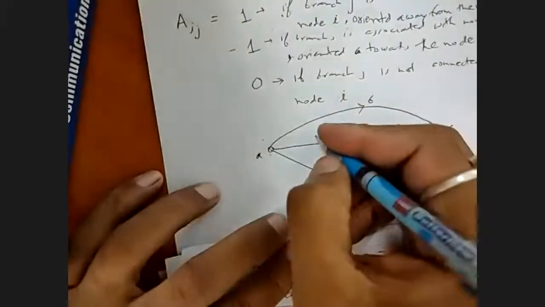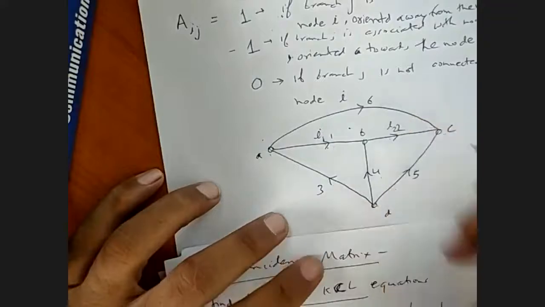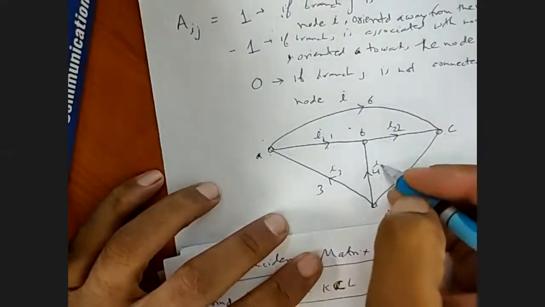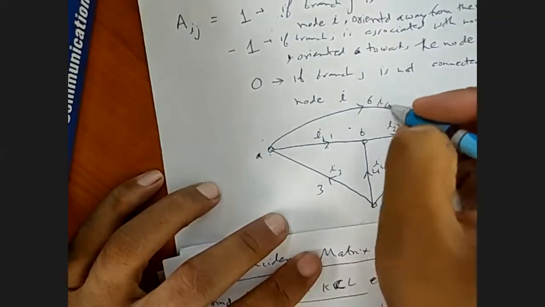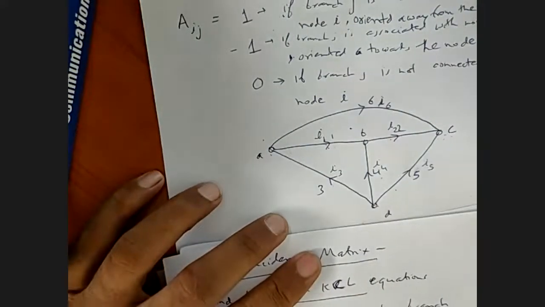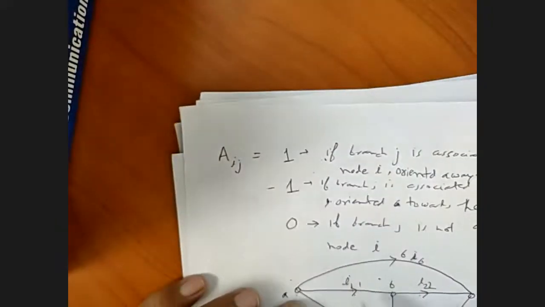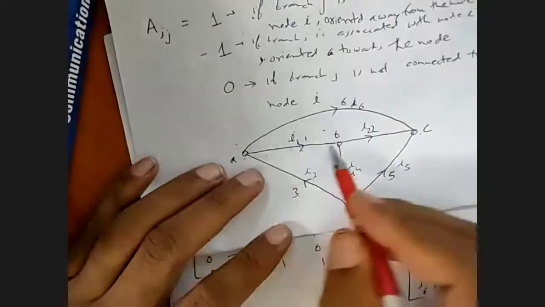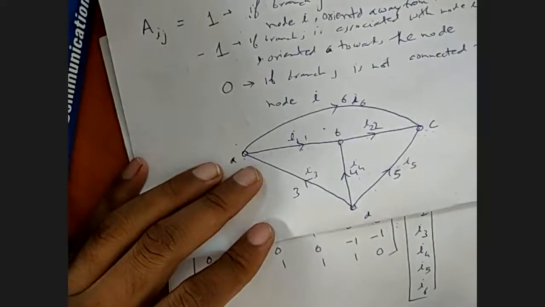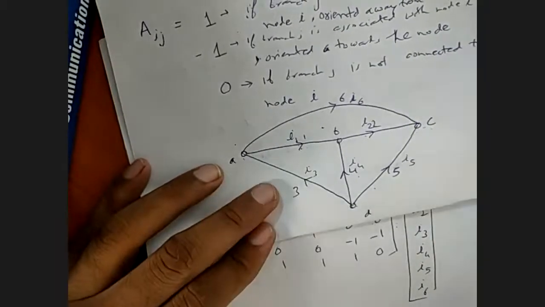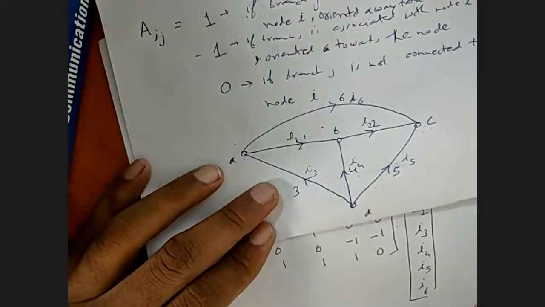Now if we talk about this circuit, this is I1, this is I2, this is I3, this is I4, this is I5 and this is I6. What will be the equation at node A? I1 outgoing, I3 incoming, so that is minus I3, plus I6 equal to 0.